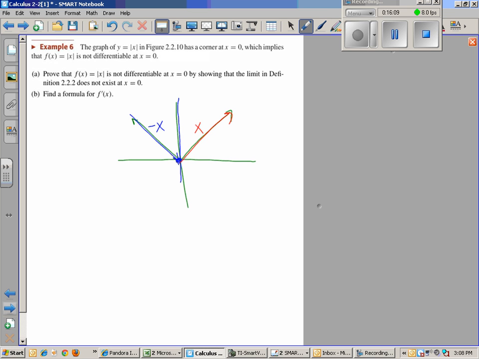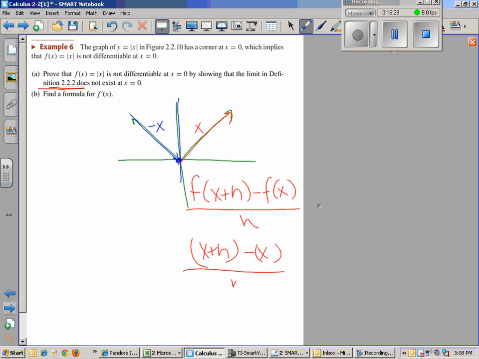So now, let's use the definition and figure out what's happening. I'll do this in red. We'll do the red side first. x plus h minus x all over h. x minus x goes away. What's h over h? 1.